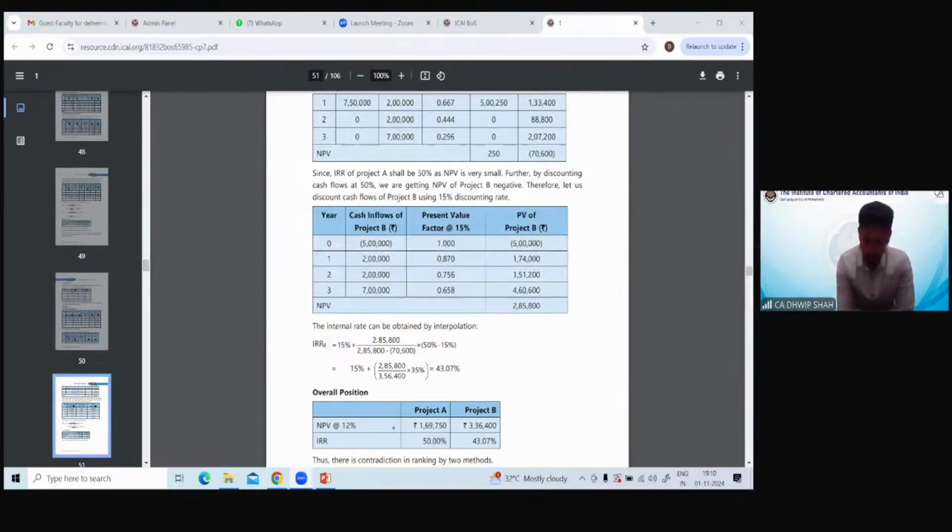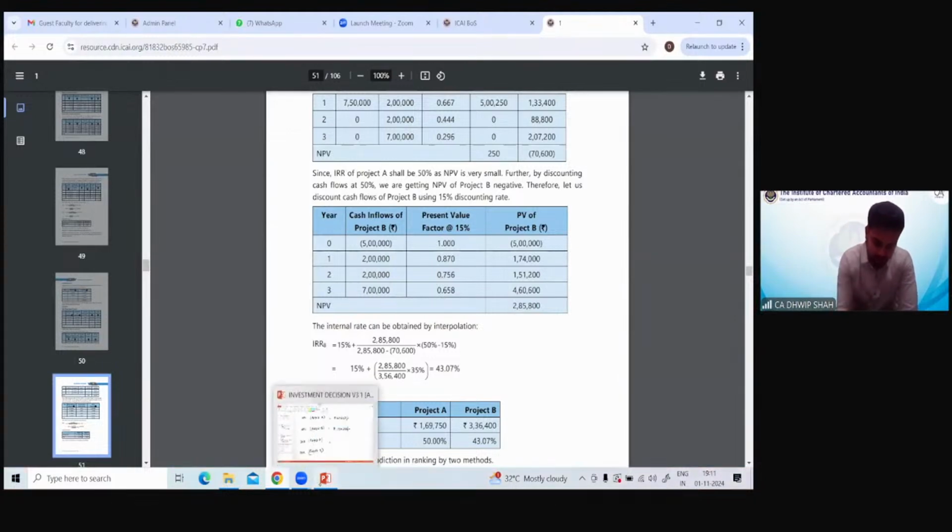So the overall position is this. Can you see, when the life is unequal, there would be contradictory, conflicting results. So the three situations where NPV and IRR would give conflicting results are size disparity, timing of cash flow disparity, and unequal life disparity.